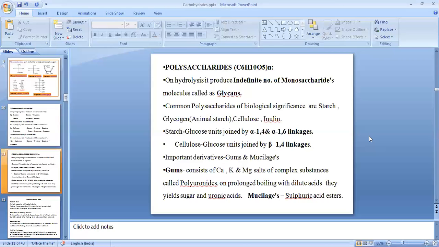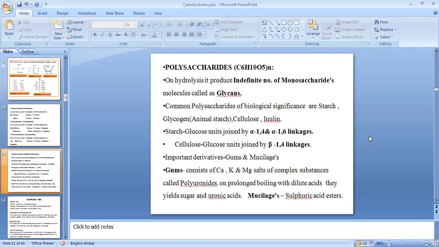Another important classification of polysaccharides is homopolysaccharide and heteropolysaccharide. Homopolysaccharide means it consists of the same monosaccharide units. Hetero means it consists of different monosaccharides in its structure.